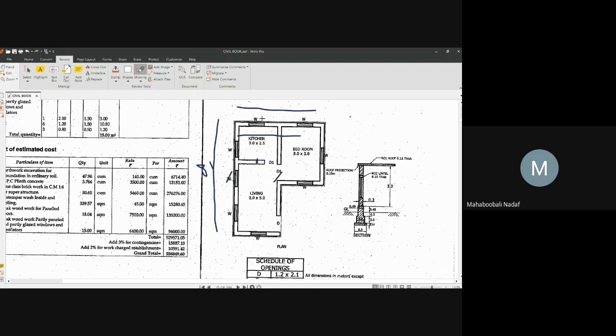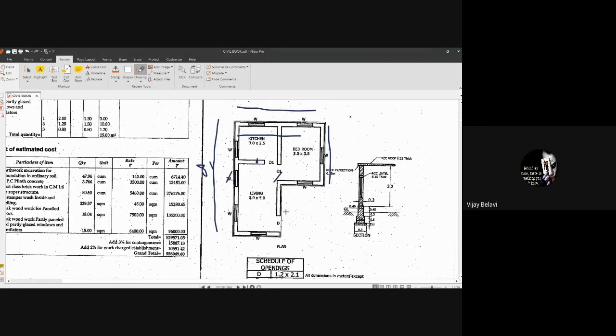No problem. This is okay. Now this one. How much? 5 plus 3 plus 4.1? Yes, 4.1. Everyone is aware of this one?